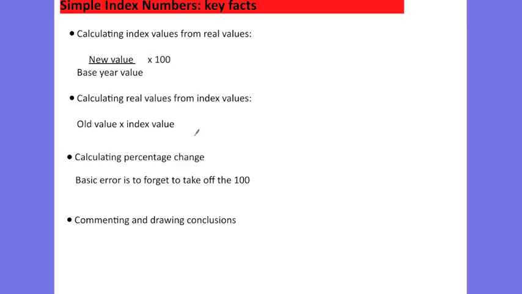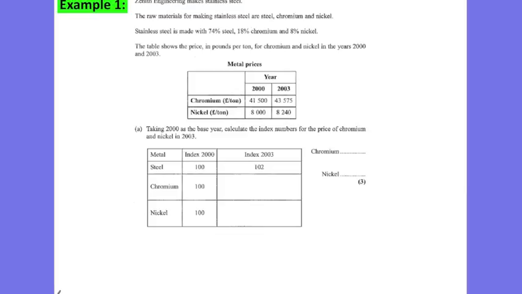Let's take a look at some real examples involving these calculations shown here on the screen. Example number 1. Zenith Engineering makes stainless steel. The raw materials for making stainless steel are steel, chromium, and nickel. Stainless steel is made with 74% steel, 18% chromium, and 8% nickel.